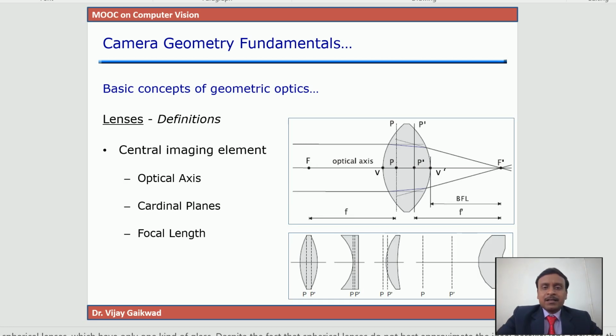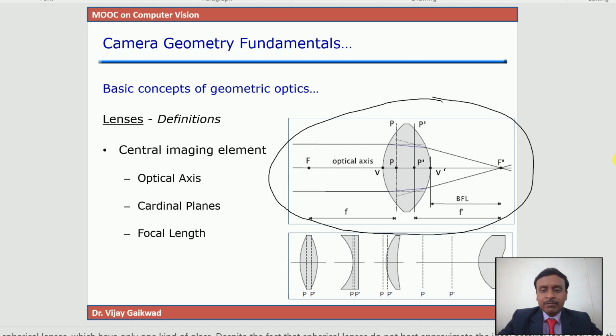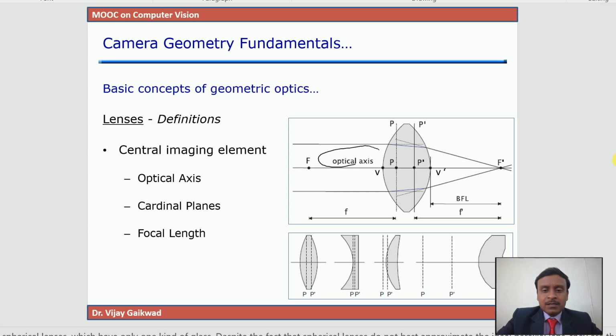Let's understand the important concept called lens. A lens is the central imaging element of a camera, and it has three main components. The first component is called the optical axis. You'll find the sketch of the lens in this photograph, and the optical axis is this one.